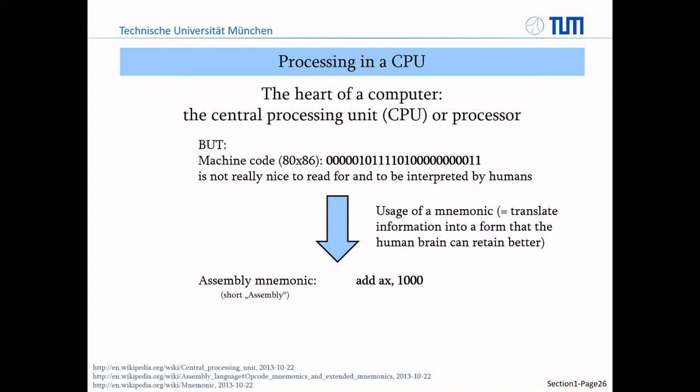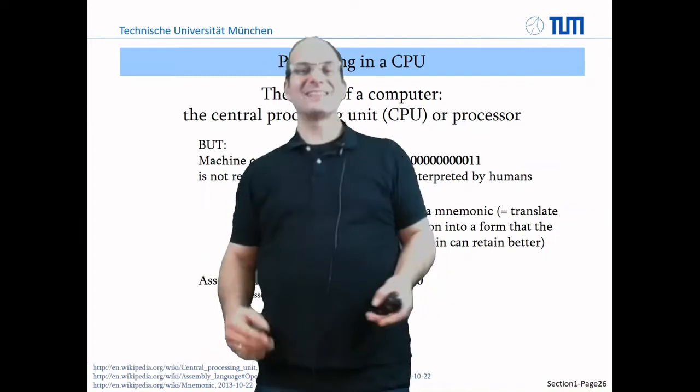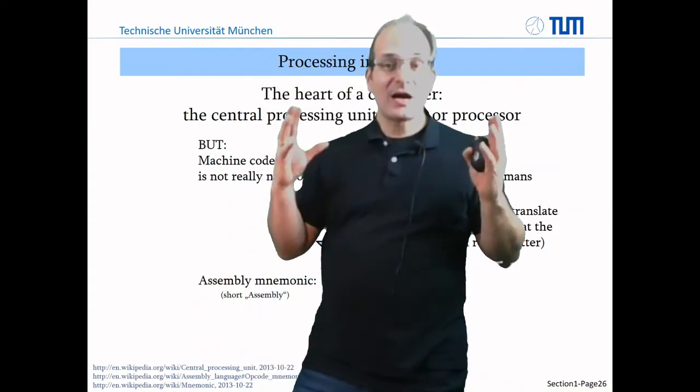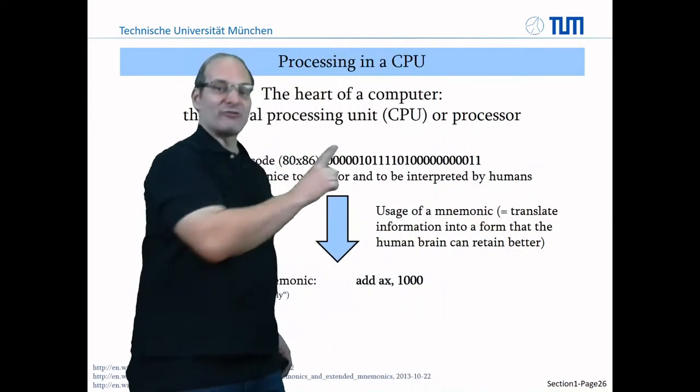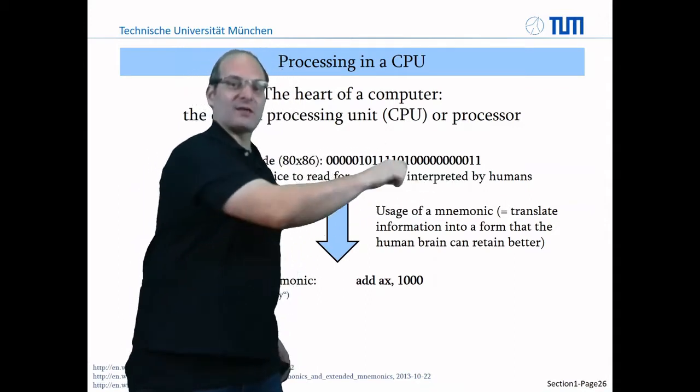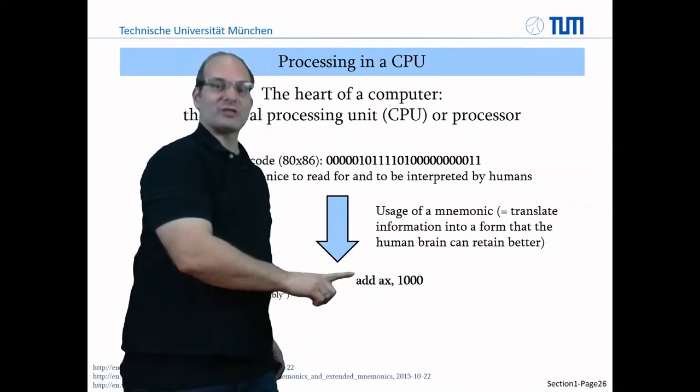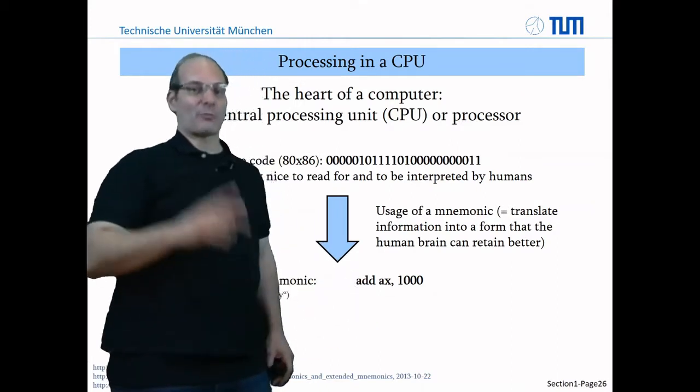So the idea was that these opcodes and parts of these things are just converted, like with a lookup table, into a readable or word-based representation. And this was called assembly mnemonic. So what you have here is nothing more than a binary stream, and this operation code here is converted to a text-based operation code.